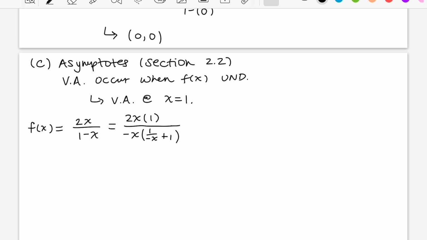All right. So then we get 2x over minus x times 1 over minus 1 over x plus 1. Simplifying this a little further, we'll get negative 2 times this guy.